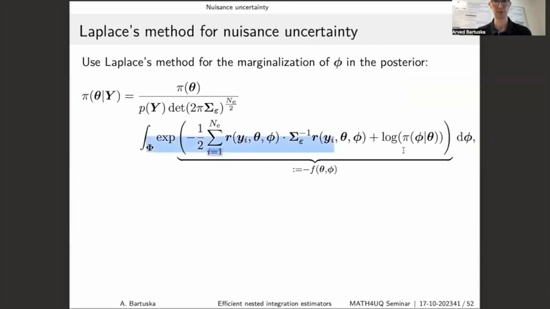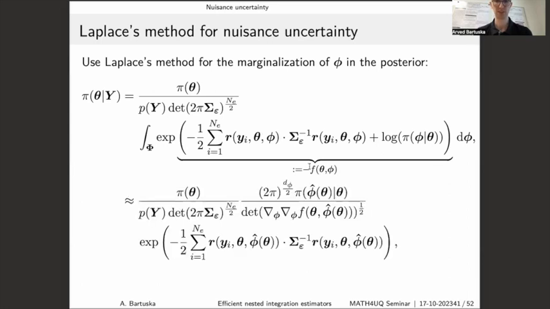The likelihood is written as this. And this we write as the minus f function that we then use second order Taylor to approximate. And this gives this rather more complicated formula. Basically, we have this part over here is just dragging along. And then we can solve this Gaussian integral.